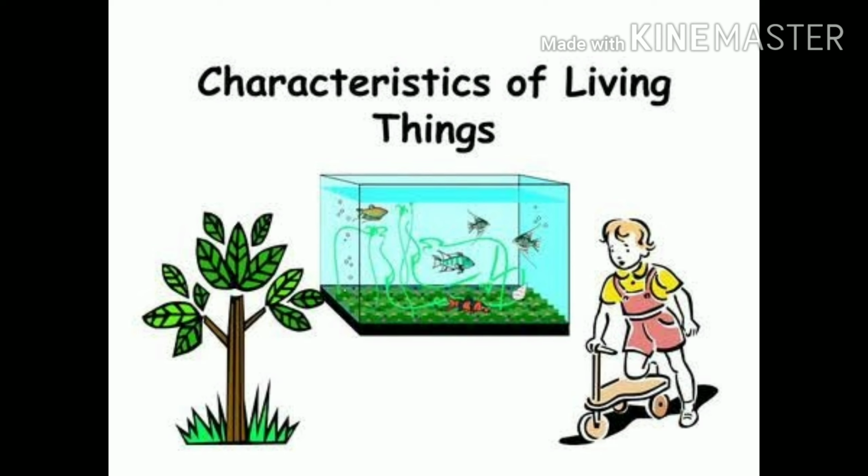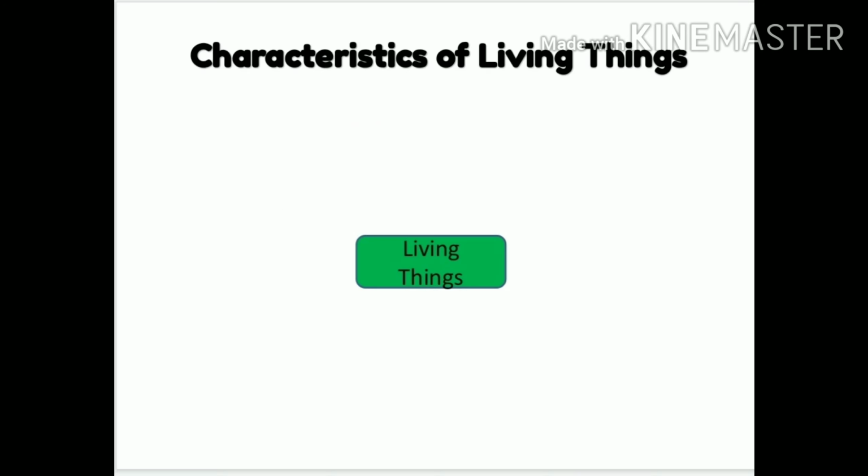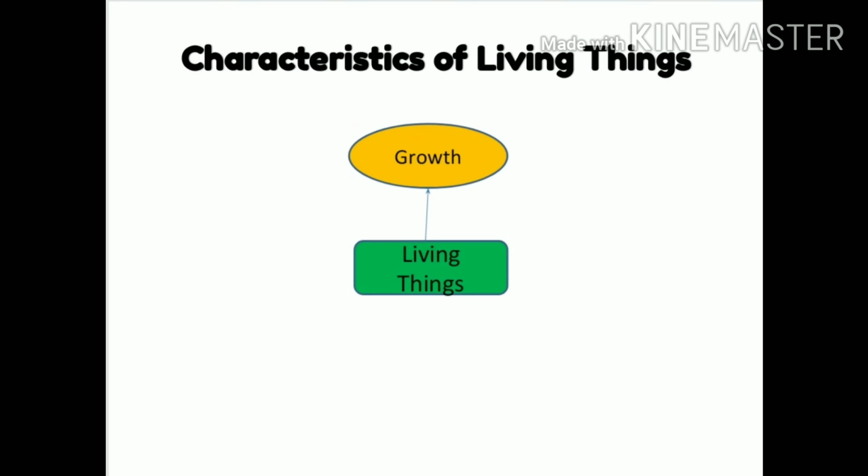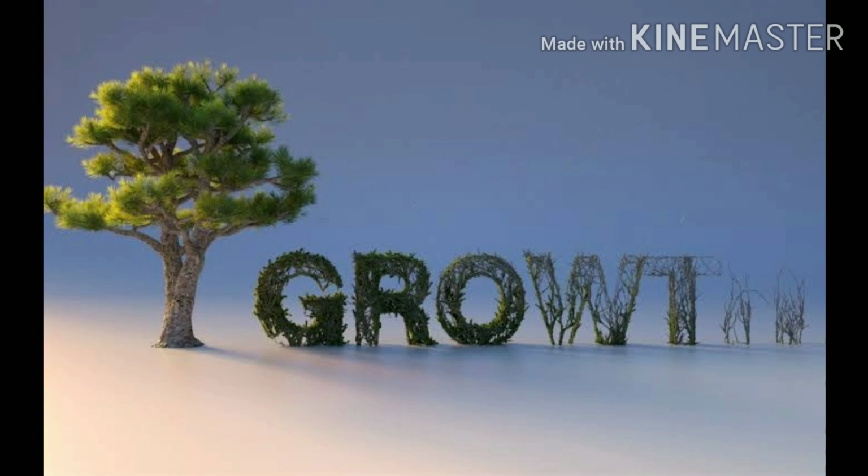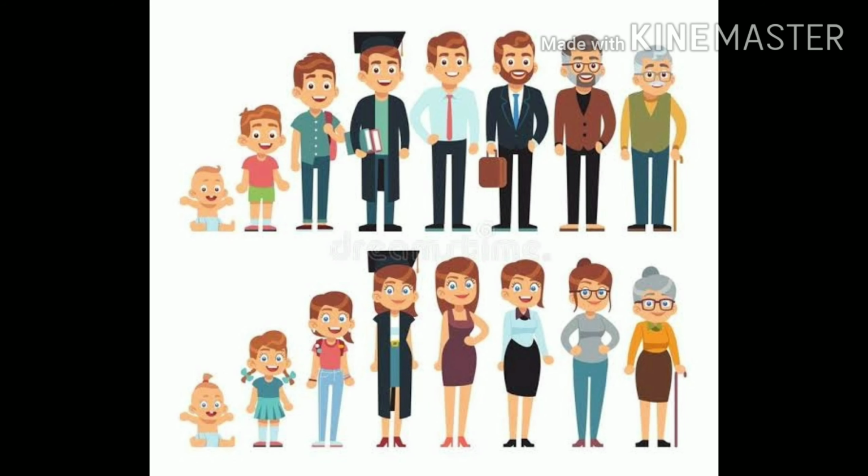So, let's start with the first characteristic, that is growth. Students, we all have observed the young one grows in height, weight, and strength and becomes an adult. For example, a baby grows into an adult, a woman or a man.